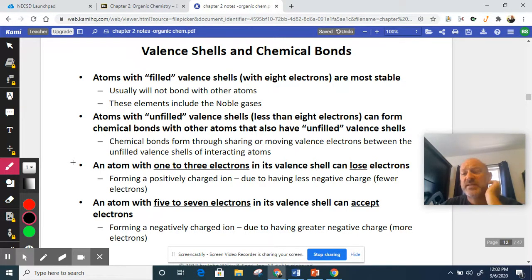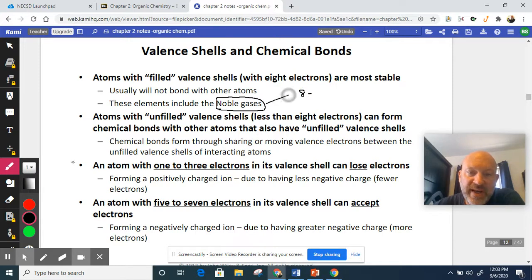If we look at the periodic table, all the way to the right, there's a column of elements. This column of elements is called the noble gases. And what makes them unique is their group number. If you look at the number all the way at the top of the column, the group number is 8.